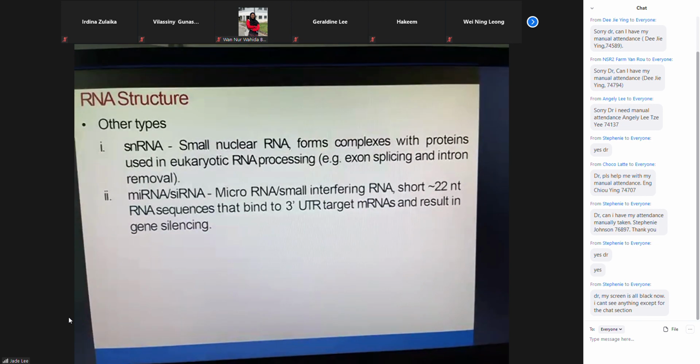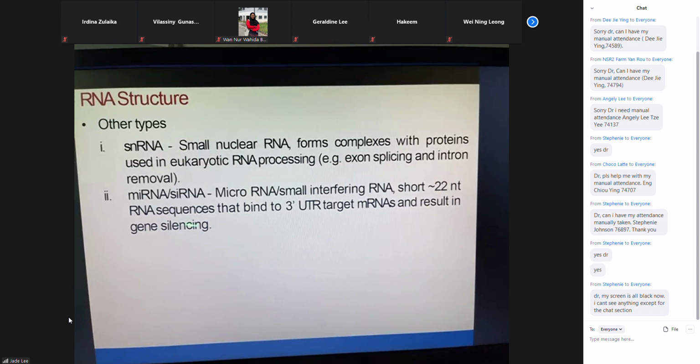And we also have microRNA and small interfering RNA, which are very short, approximately 20 nucleotides, RNA sequences that bind to the UTR. UTR means untranslated regions, the target of the mRNA, and result in gene silencing.